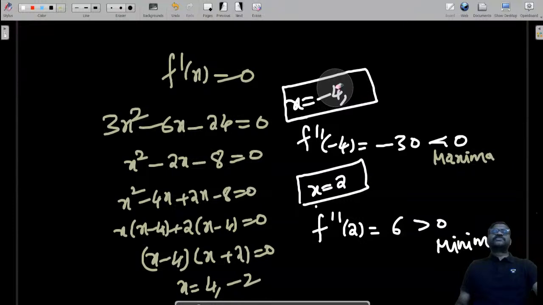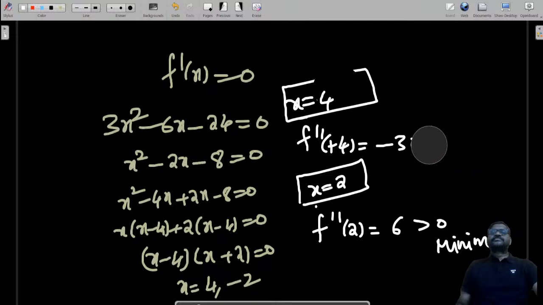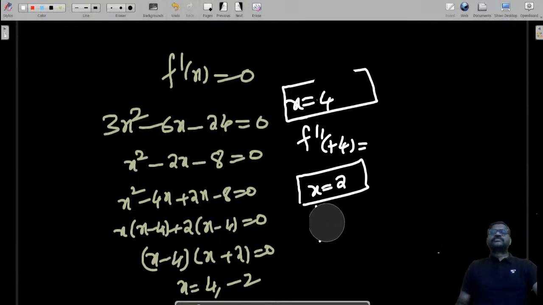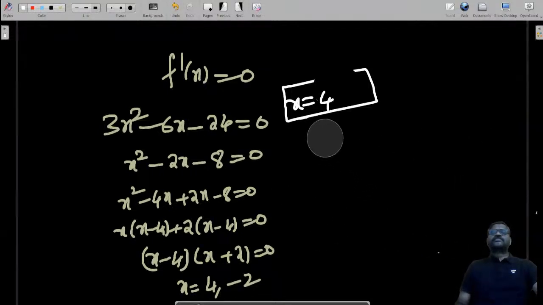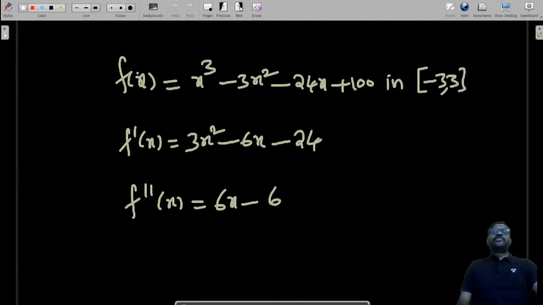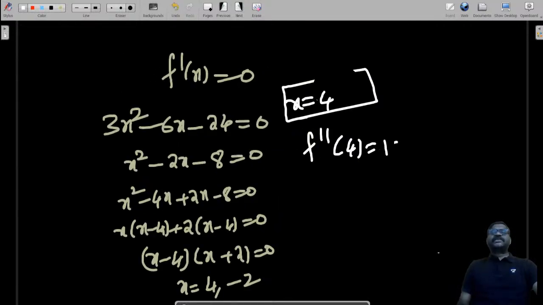Plus 4, minus 2. When x equal to plus 4, f double dash of 4 is 24 minus 6, that is 18, positive, minima.